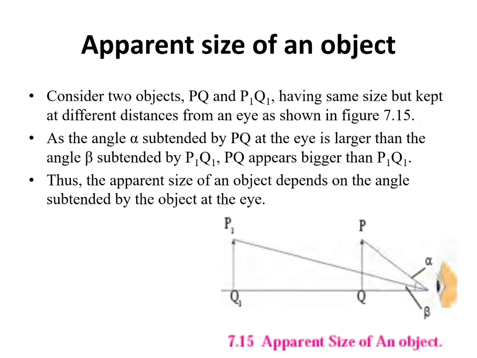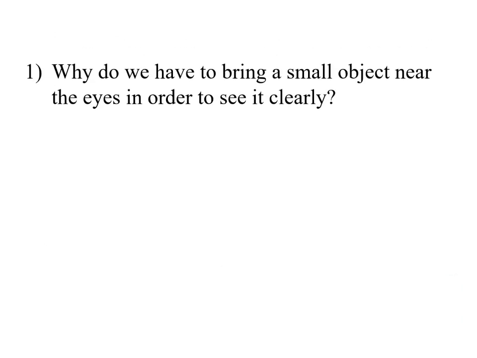You can do that experiment at your home also, and thus the apparent size of an object is dependent on the angle which is subtended by the object at the eye. Now, why do we have to bring a small object near the eye in order to see it clearly?